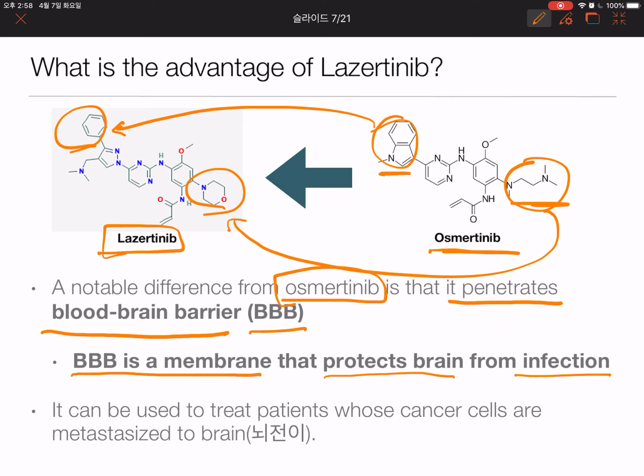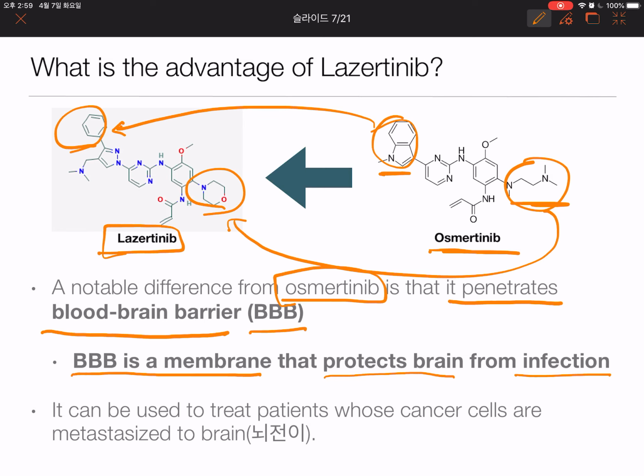It was shown that it can be used to treat patients whose cancer cells have metastasized to the brain, which means that the tumor cells are transferred to their brain.